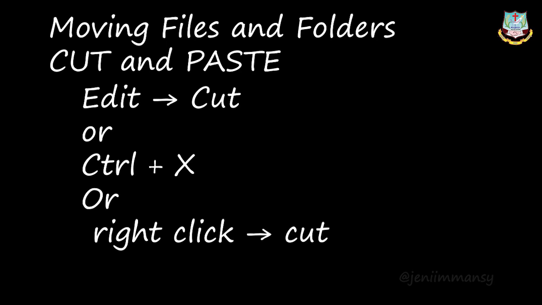Or if you want to copy it, you can select the Copy option, right? And wherever you want it, you can click in that window, right click again, and select Paste there, or else you can use the shortcut keys.